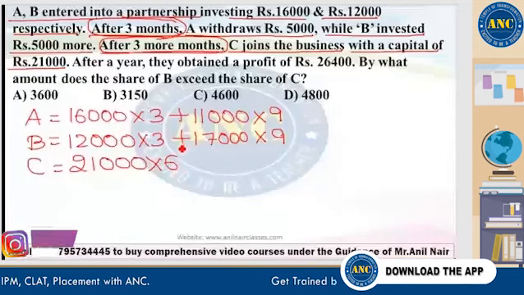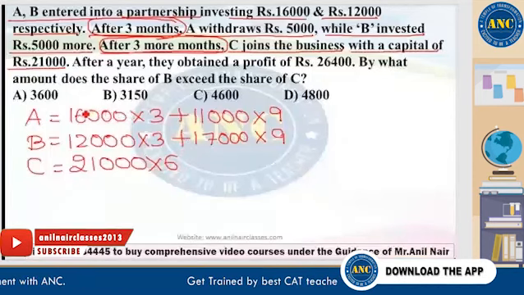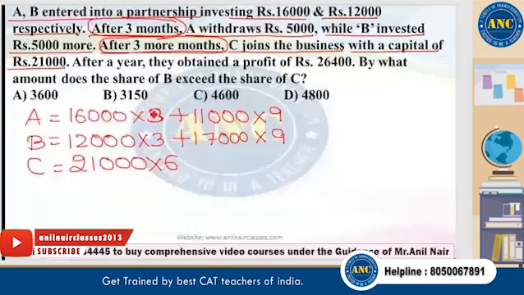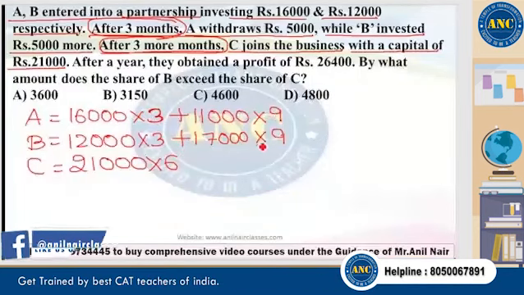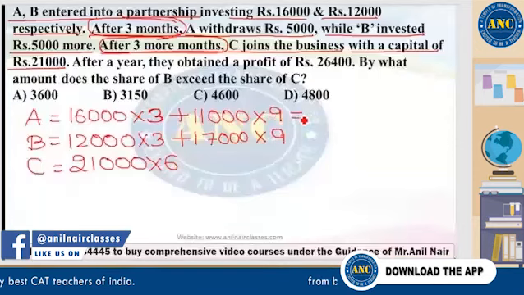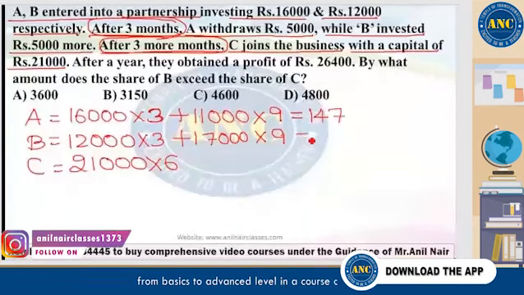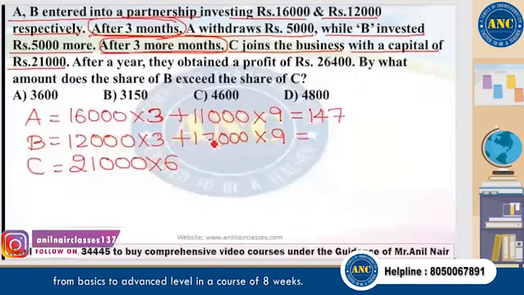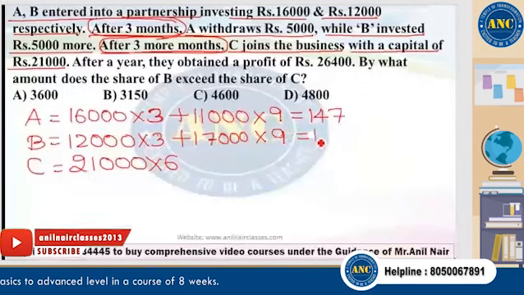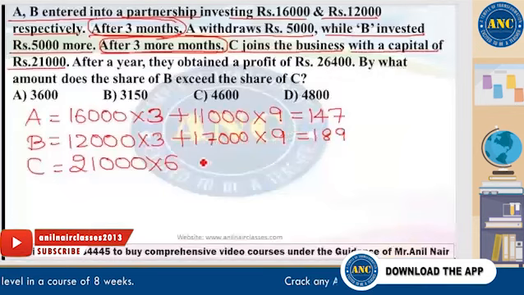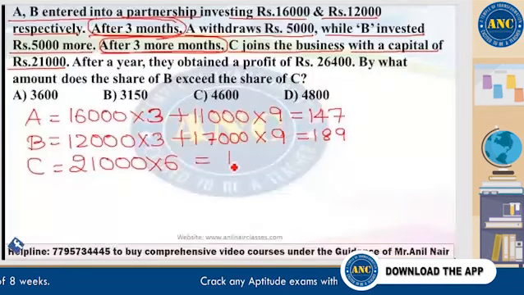Now if I simplify further, 16 into 3 is 48, 11 into 9 is 99, 48 plus 99 is nothing but 147, followed by 3 zeros that I will ignore. Next it is 12 into 3, 36, 17 into 9, 153, it is 189. Next it is 21 into 6 is 126.